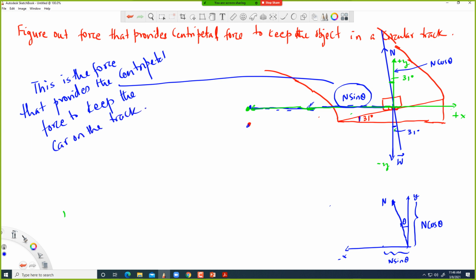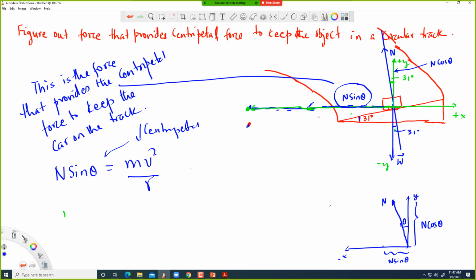Okay. So majority of centripetal force comes from this force. There is also a little bit of static friction. We are neglecting that here, but mostly it comes from this force. So that means we can equate n sine theta is equal to mv squared over r. Okay? So centripetal force comes from that.